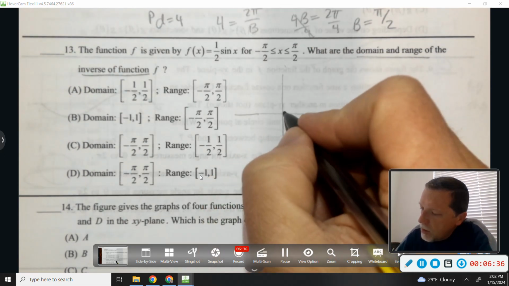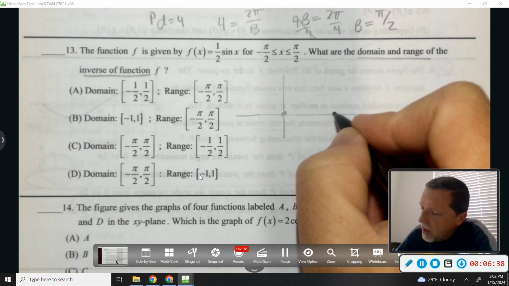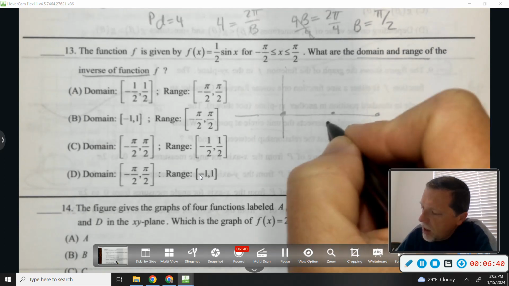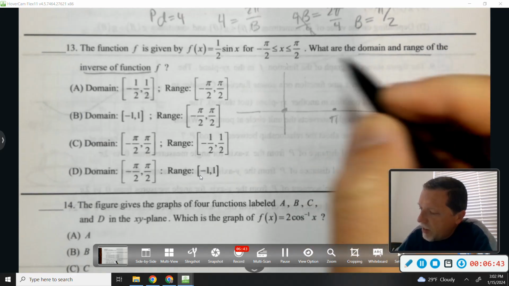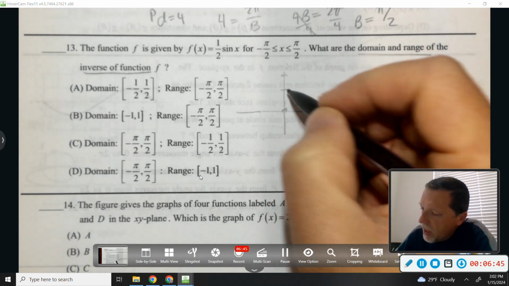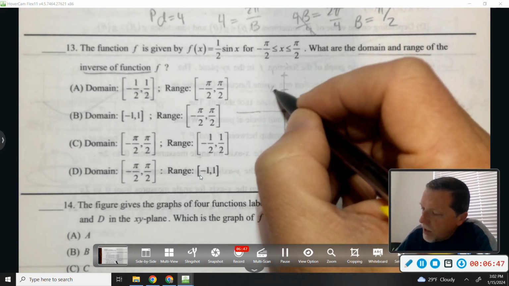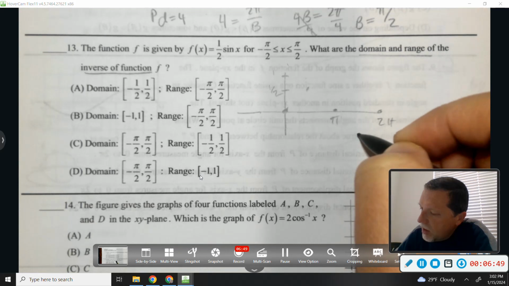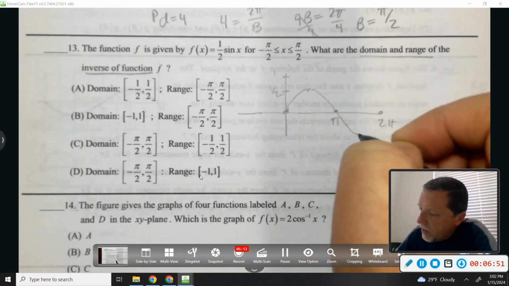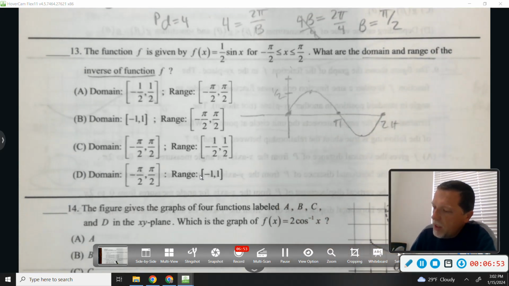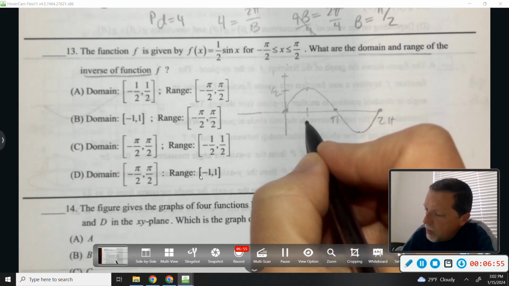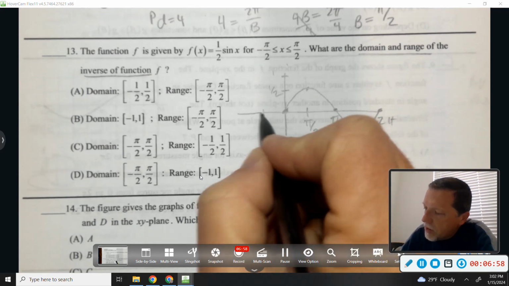So normally sine, I kind of have to graph the whole thing before I can graph half the thing. So 1 and 1/2. So there's my graph 0 to pi, but I only want to go pi over 2 to negative pi over 2.